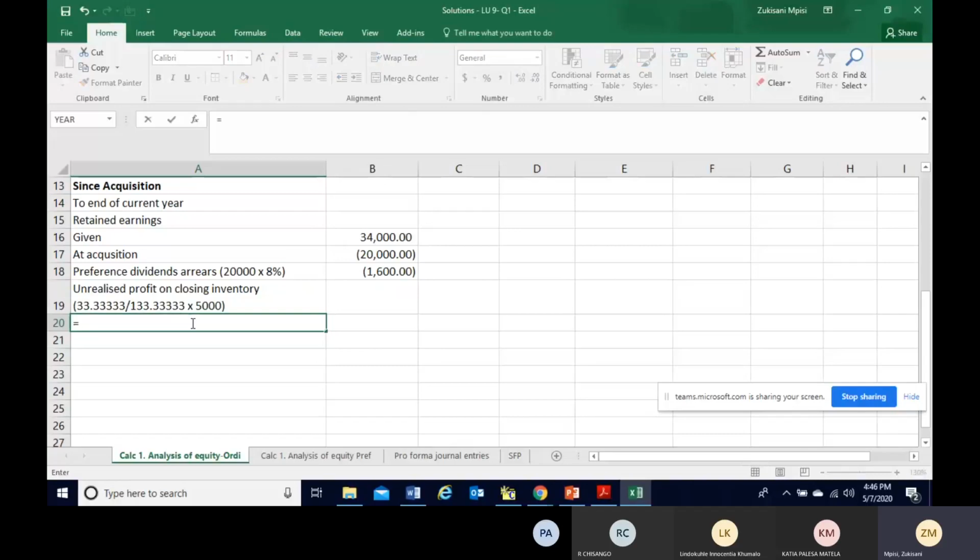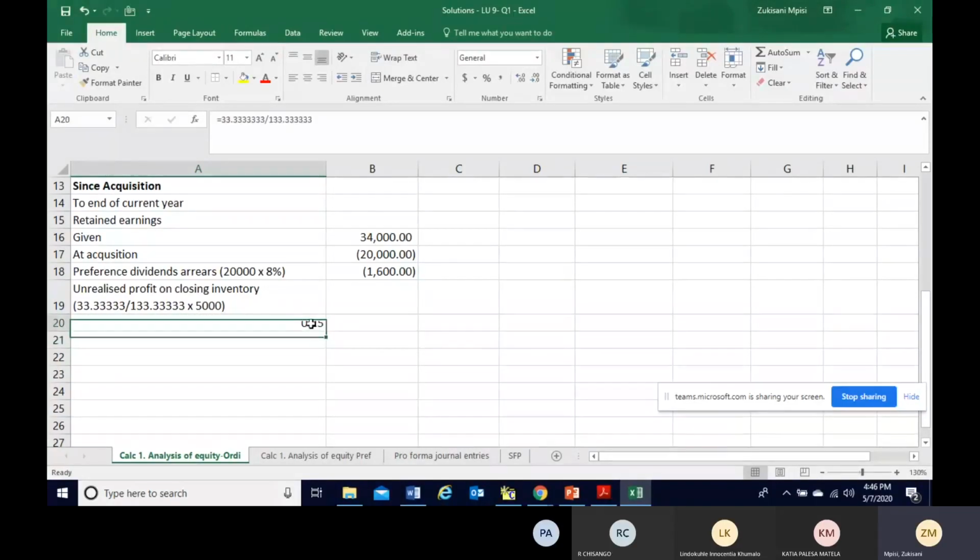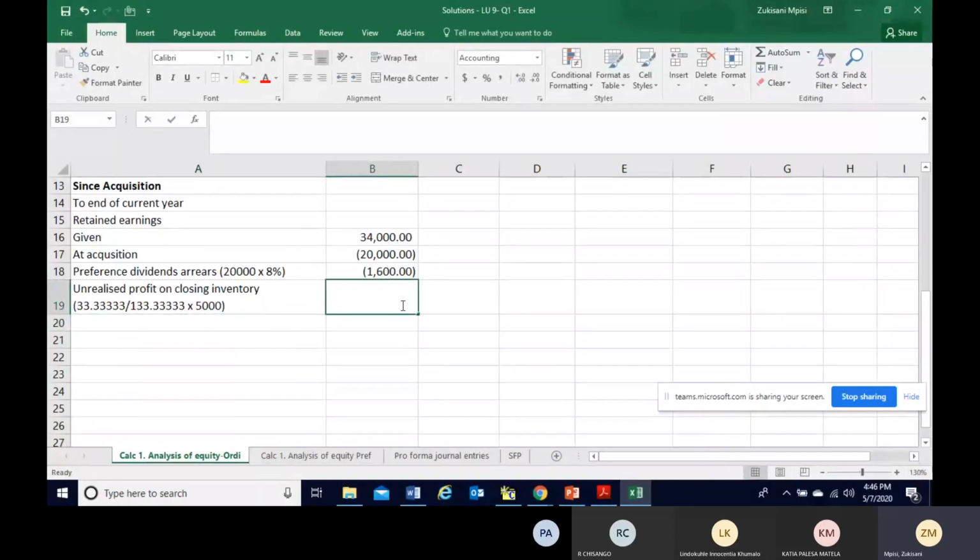But from another perspective, 33.333 divided by 133.333 gives you about 25%. So it's the 5,000 that you have been given multiplied by 25%, which gives you 1,250.